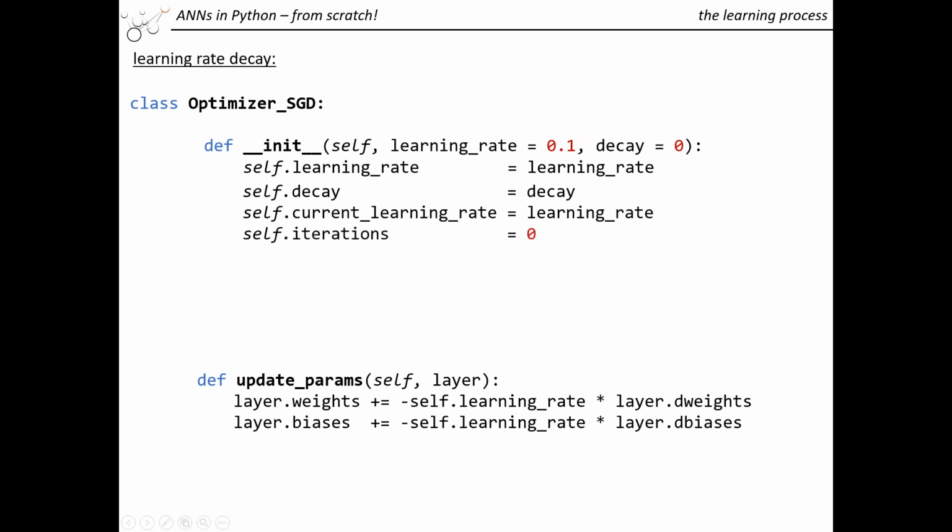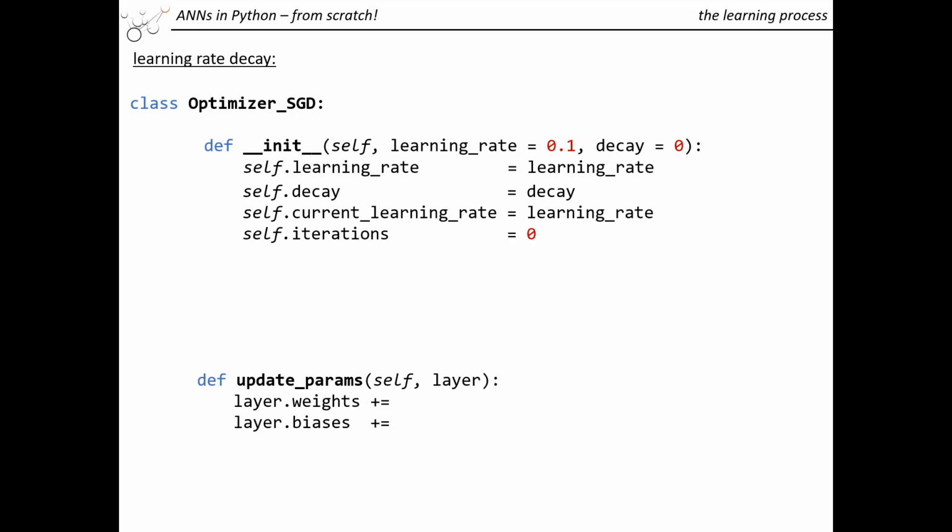And we also have to count the number of iterations because we want to multiply this with the decay factor and divide the learning rate by the product of the current number of iterations and the decay rate in order to get the current learning rate.